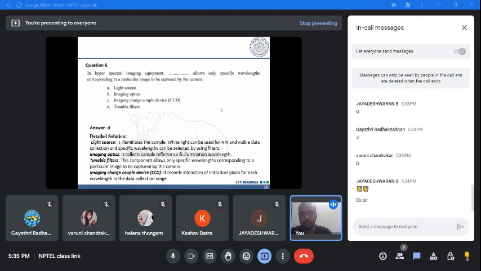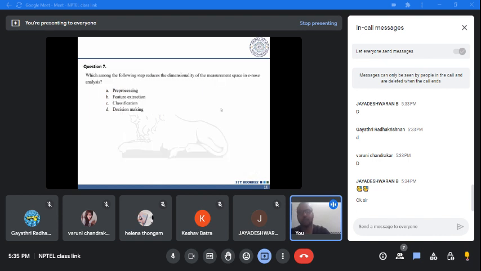An imaging charge coupled device records the intensities of an individual pixel for each wavelength in the data collection range. So here the explanation is given for each term used in the hyperspectral imaging equipment. You can go and memorize, or read what the function of the different terms is.